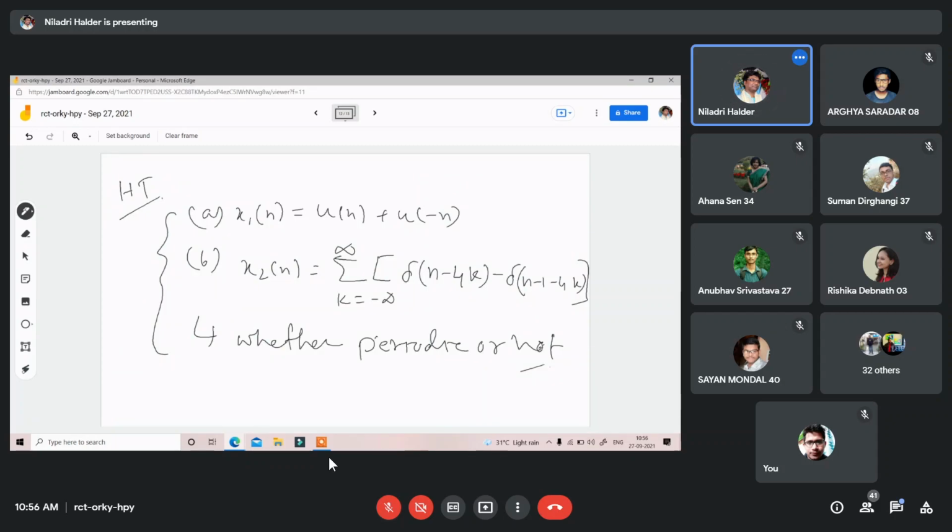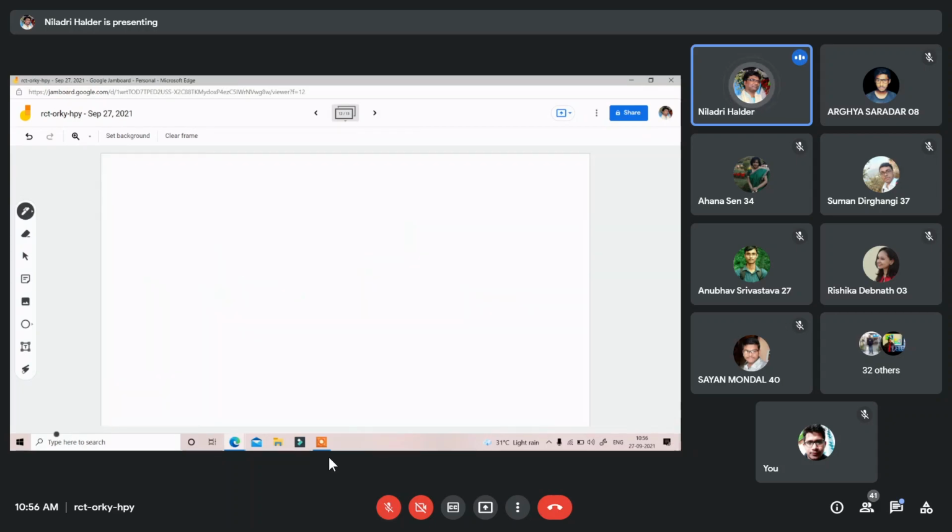But if any signal is dependent on frequency, then how do you calculate the period of the signal related to frequency? For that case, you need to consider a sinusoidal signal. Sinusoidal signal means sine, cosine, like that.